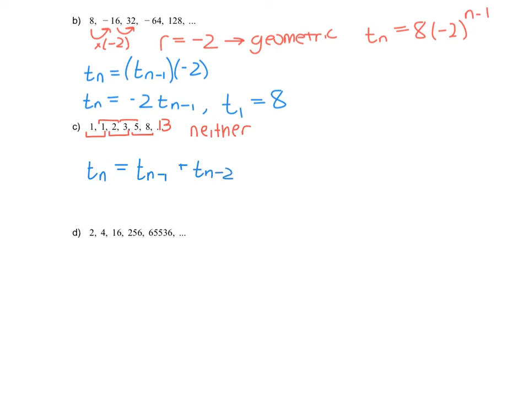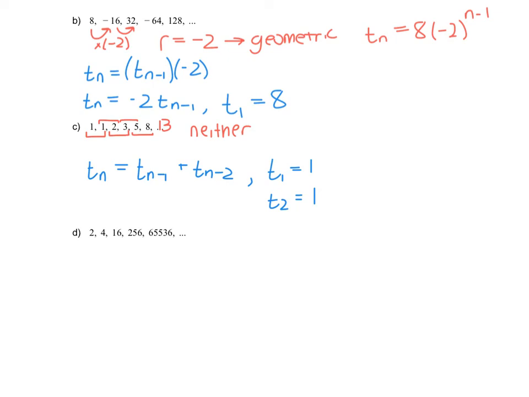And now because I am relying on two different terms, I don't only have to state the first term, I have to state the second term as well. So T1 is 1 and T2 is 1 as well. That way, someone can actually start the sequence and write it out. 1, 1, and then they can start adding the previous two terms to go from there.